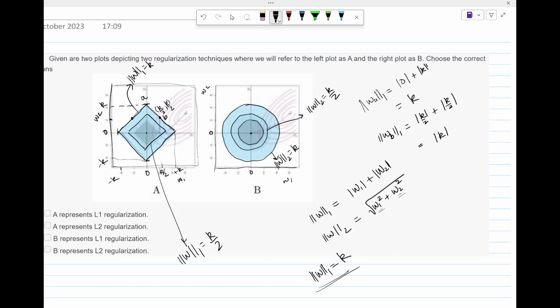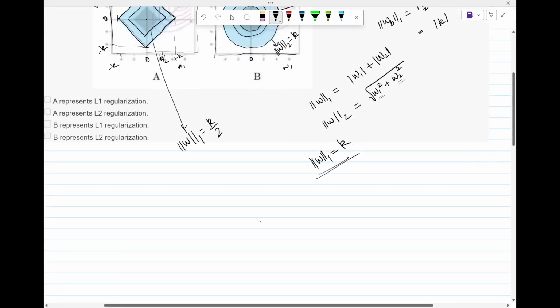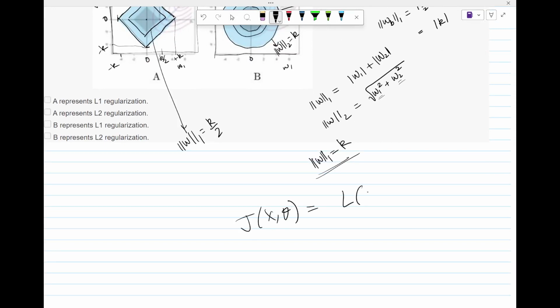So when you add these regularization terms, your loss function with respect to x and your parameter theta is whatever loss function you are using, summed over i equal to 1 to m, plus lambda times the Lp norm, with p equal to 1 or 2 for L1 or L2.